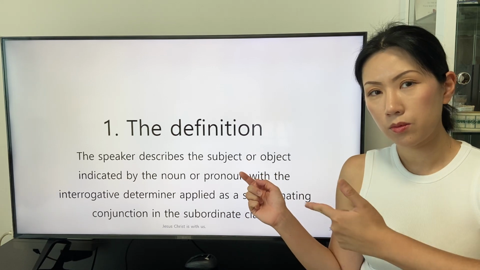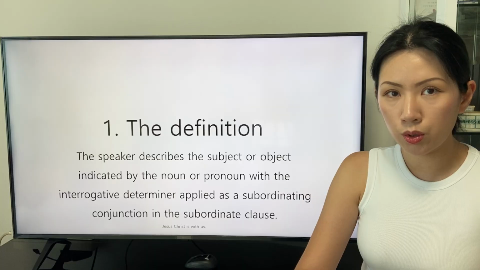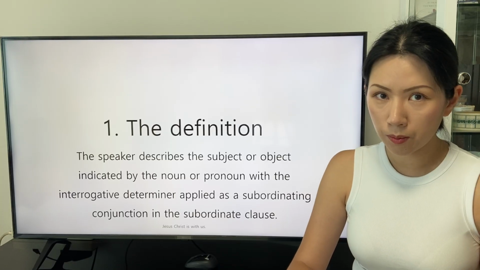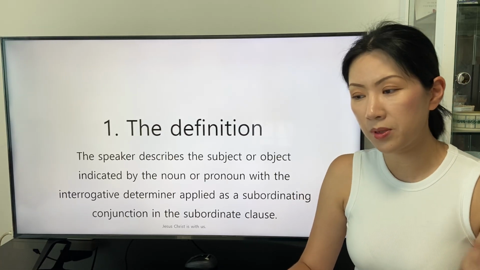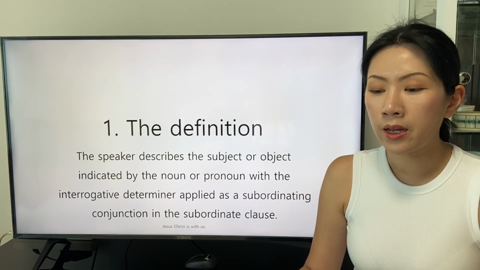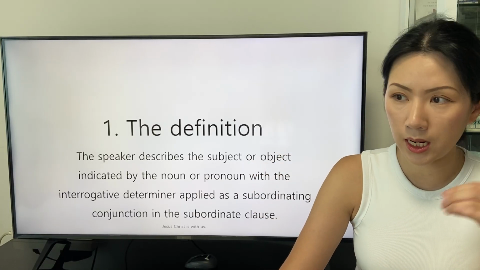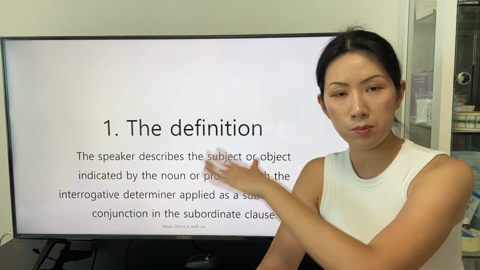This page is about the way to apply the subordinating conjunction whose, which is the possessive determiner. Like we can apply the subordinating conjunction whose like this: I see a man whose son is smart.